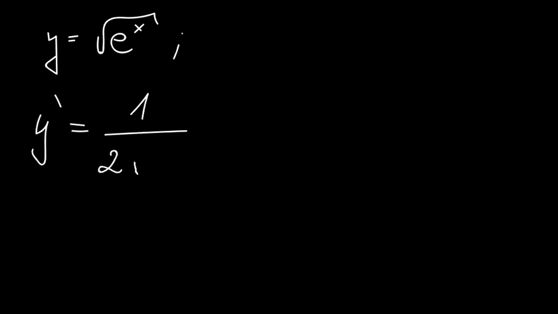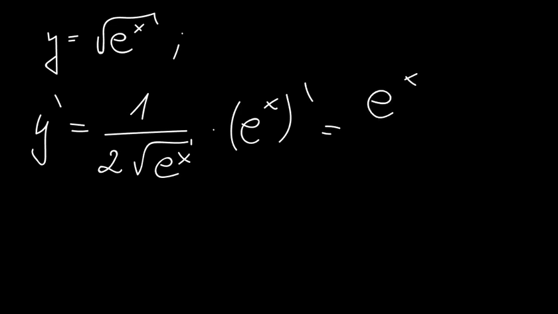Okay, last example. y is equal to a square root of e to the power of x, where e is a base of a natural log. So a derivative is equal to 1 over 2 square roots of e to the power of x times a derivative of e to the power of x, and this is equal to e to the power of x, so our answer looks like this.